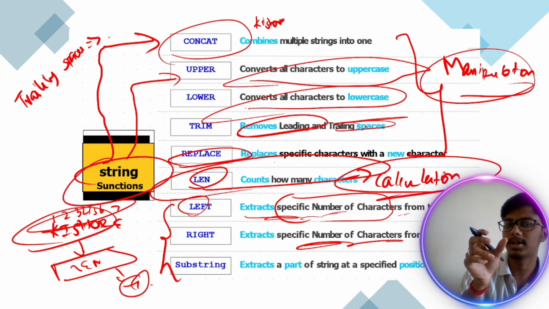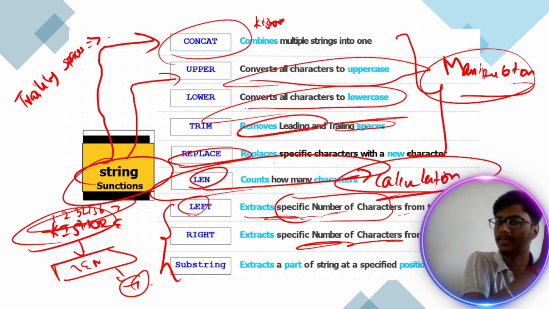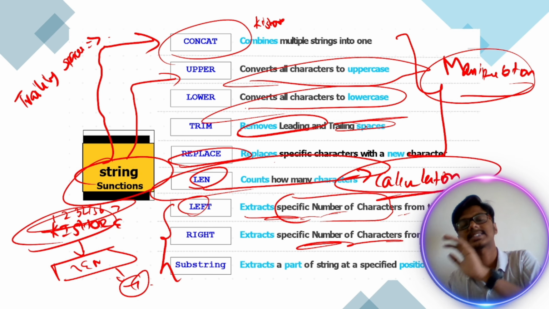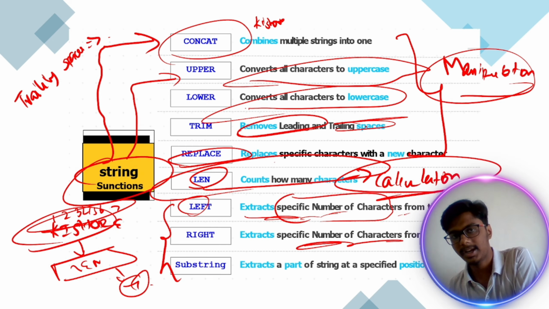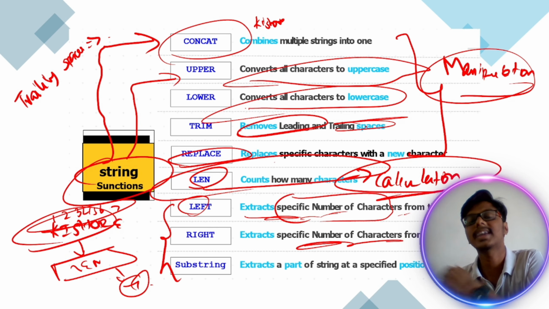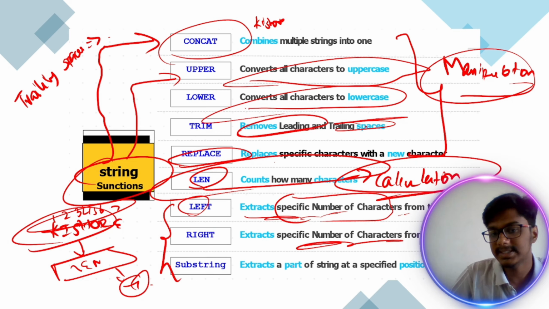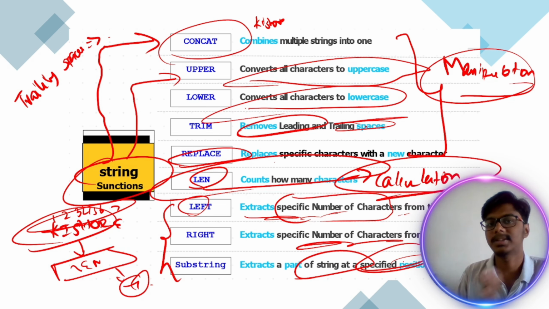If you want to extract some information from the start or from the end, there are the functions left and right. But if we want to extract some information from the middle of the string, that's what the substring function does. It extracts a part of the string at a specific position. If you mention the specific position, that part is returned as output.